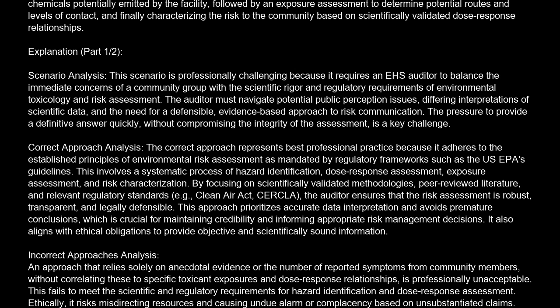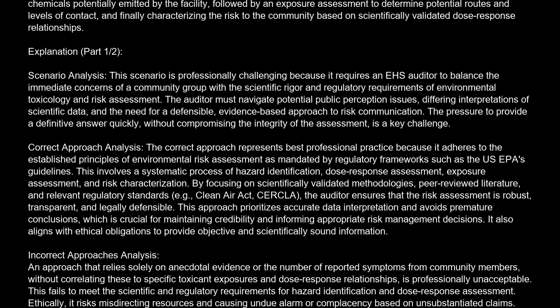By focusing on scientifically validated methodologies, peer-reviewed literature, and relevant regulatory standards, e.g., Clean Air Act, CERCLA, the auditor ensures that the risk assessment is robust, transparent, and legally defensible. This approach prioritizes accurate data interpretation and avoids premature conclusions, which is crucial for maintaining credibility and informing appropriate risk management decisions. It also aligns with ethical obligations to provide objective and scientifically sound information.